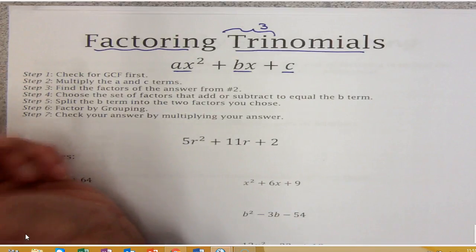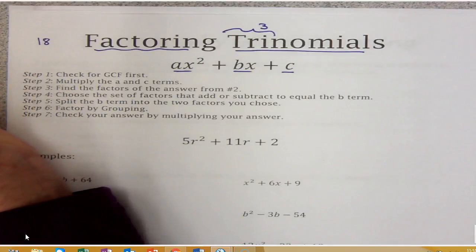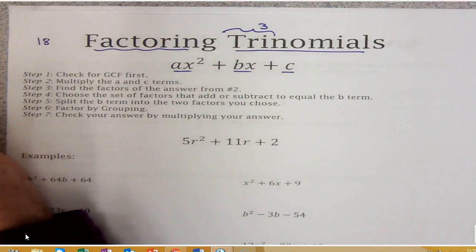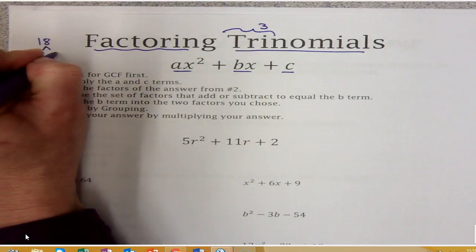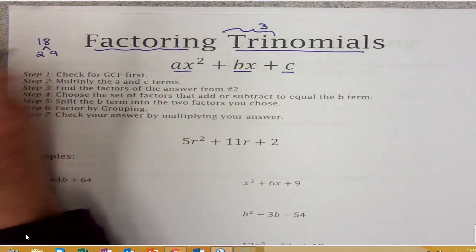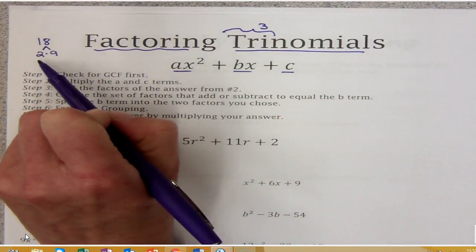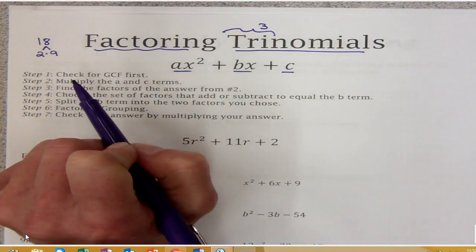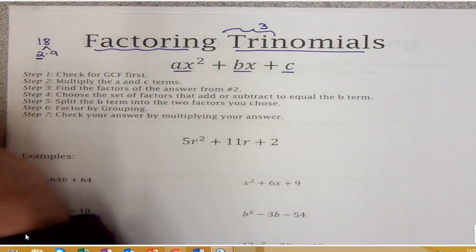So, for an example, if we have 18, how could I break down 18 into the smallest math terms possible? Well, I know that 2 and 9 multiply to give me 18. But 2 is the smallest because 2 only breaks down into 1 and 2. This is a prime number, right? 2 is a prime number.